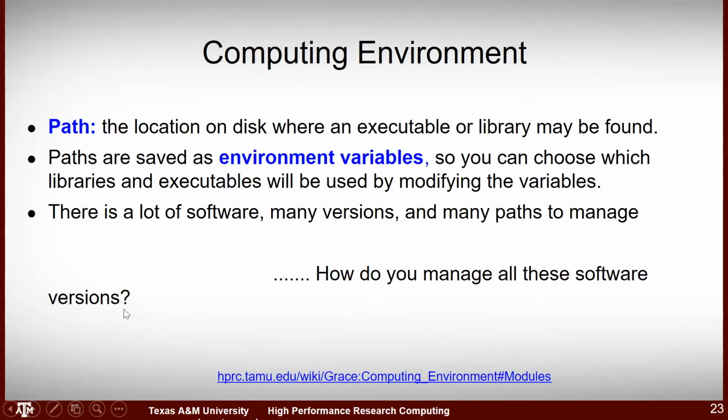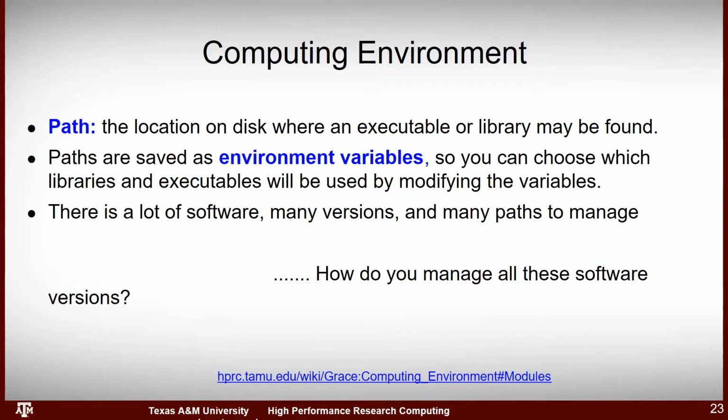The basic element of a computing environment in Linux is a variable, and the most common variable is a path. Path is the location on disk where an executable or library may be found. If you are installing software, it's going to go into a default location where your operating system expects it to be.